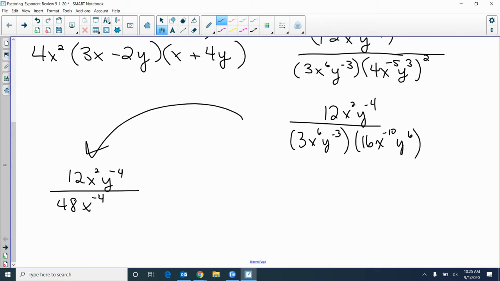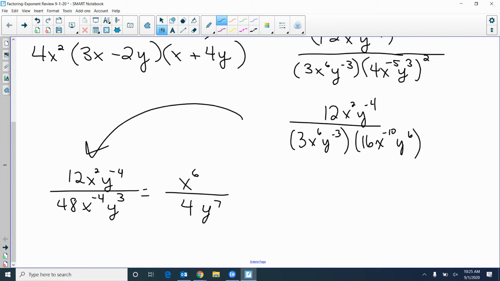You add exponents, and then y to the 3rd. 12 over 48, 1 over 4. I don't need to write the 1 yet. All right, x squared over x to the -4: 2 minus -4, x to the 6. -4 minus 3 is -7. That has to go down below.